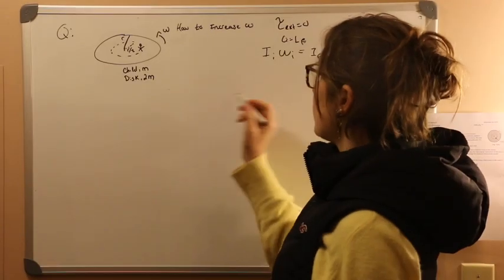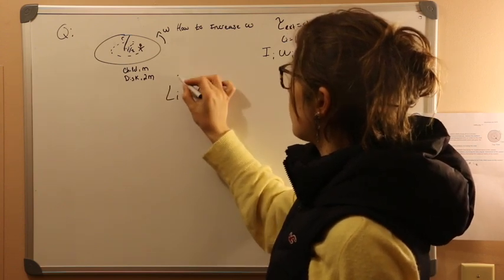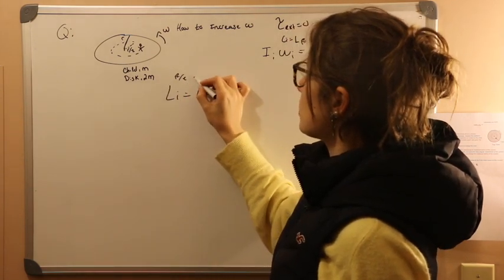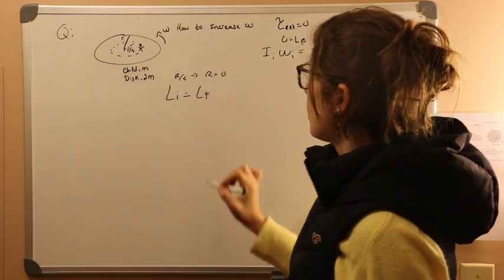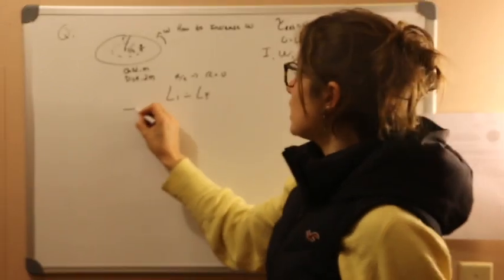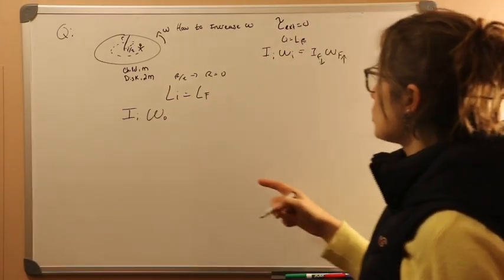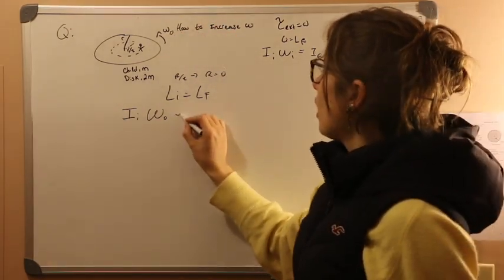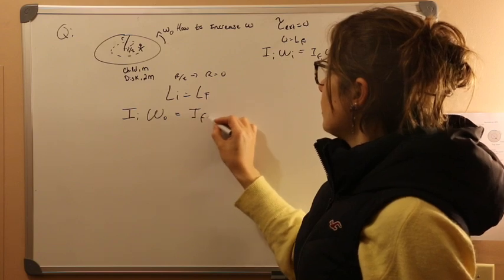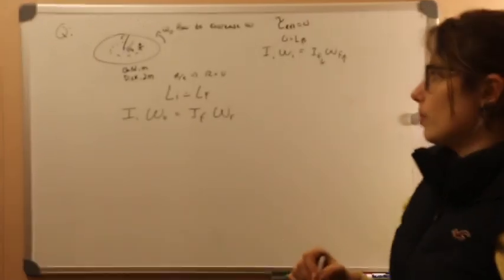So we're going to use L initial equals L final, taking the boy from R over 2 to R equals 0. What we can fill in is I initial, omega initial. Omega initial is just given in the problem. At the end, let's fill in I final and omega final, where we're trying to solve for omega final.